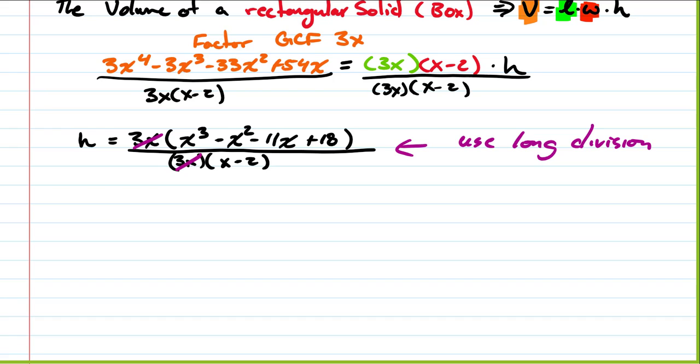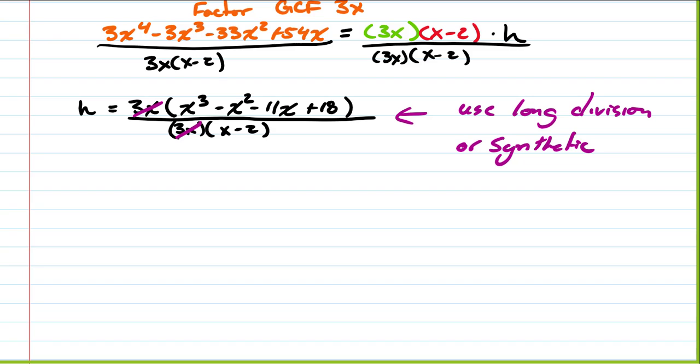So now we need to divide x minus 2 into this. Well, I say long division or synthetic. And in this case, synthetic is going to be a lot easier. So we have x minus 2, so our k is going to be positive 2.